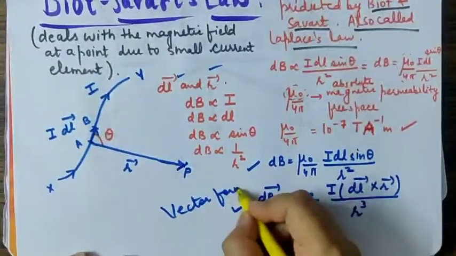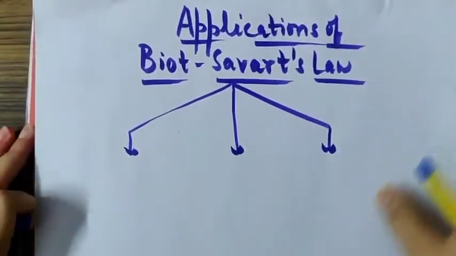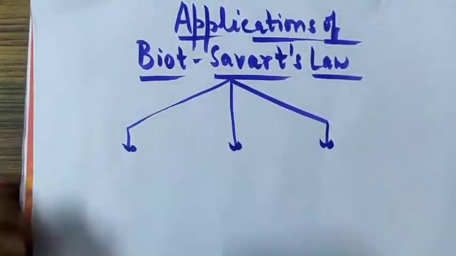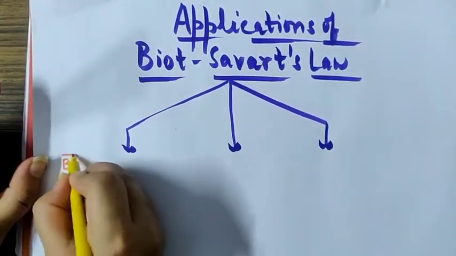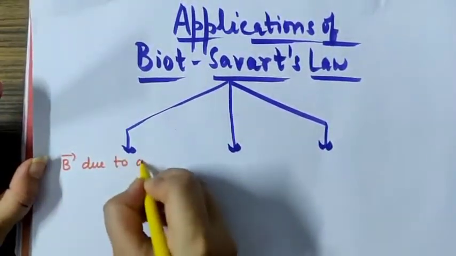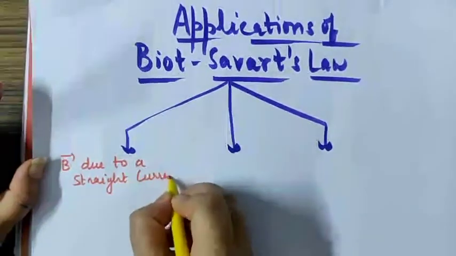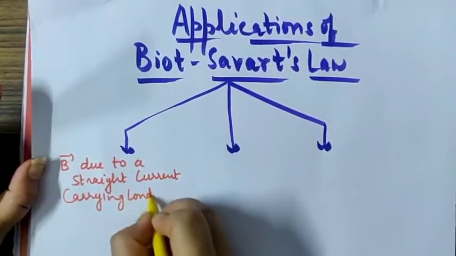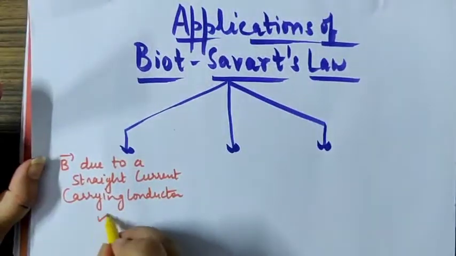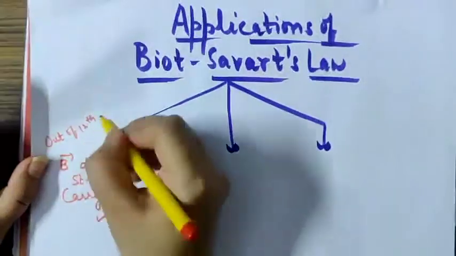You should learn the vector form also. So now we will discuss applications of the Biot Savart's law. The first application is the magnetic field due to a straight current carrying conductor. We'll just learn its formula because it is now out of the 12th class syllabus.